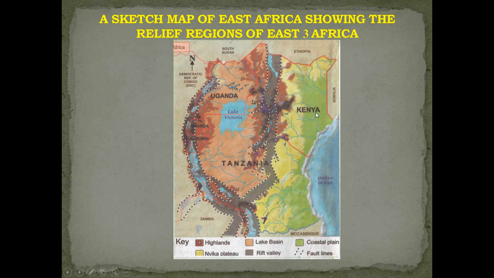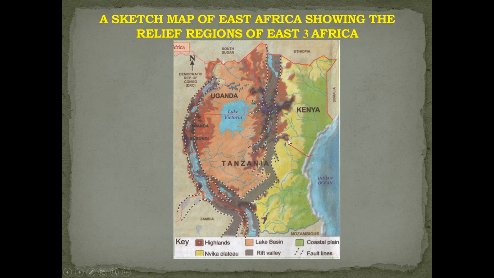Then as you move away from the coastal plains into the interior, we have the Eastern Plateau covering much of northern Kenya, central Kenya, and then down to northern Tanzania into southern Tanzania.